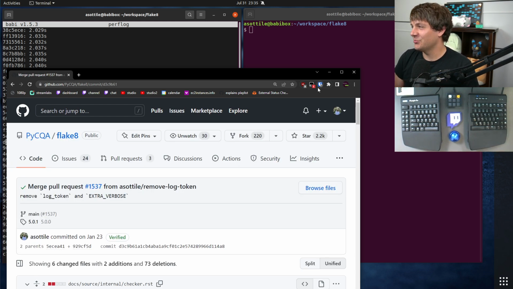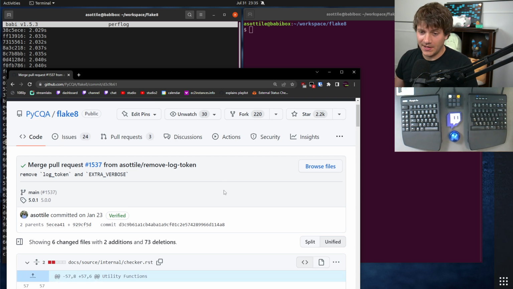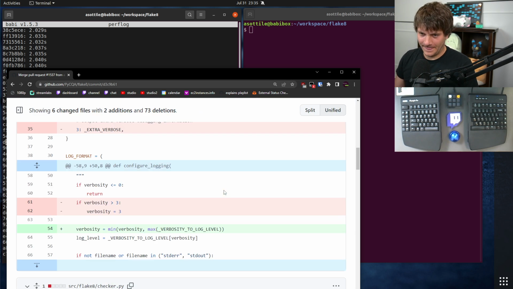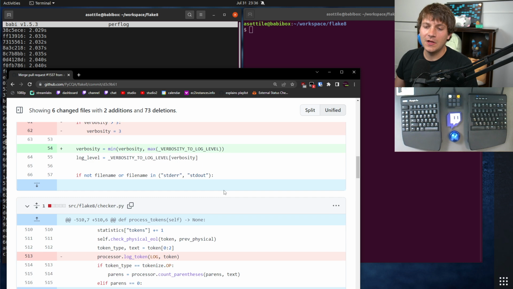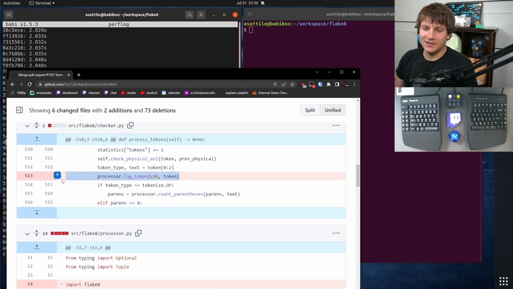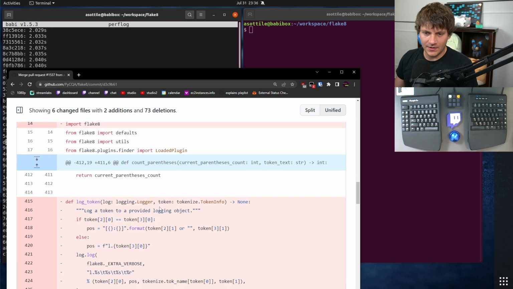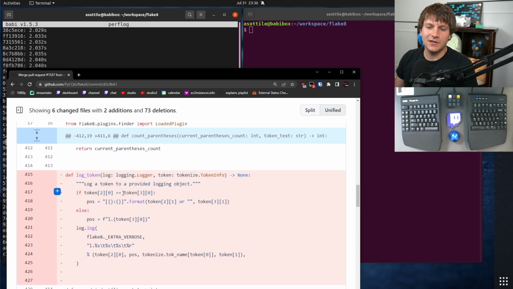So, spoilers, this is the, oh my goodness, surprising one. I never thought that this was going to take a lot of time. In this one, I removed logging that was only hit in the extremely verbose case. So even though the log level was set very, very low, this log line here, which only happened in the case where you did verbose 3 times, was 99.99% of the time completely hidden.